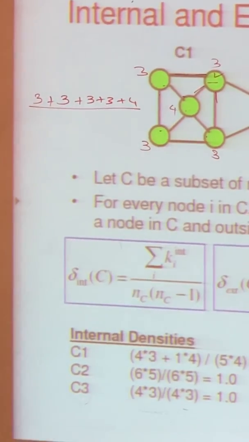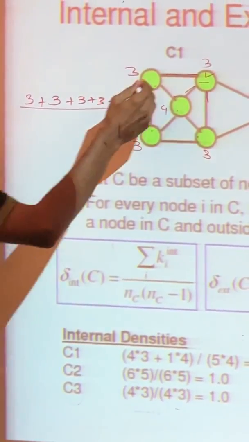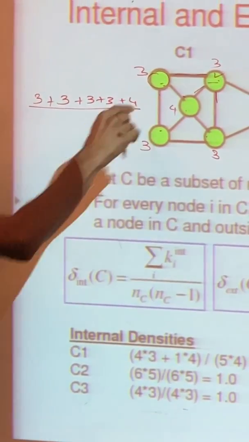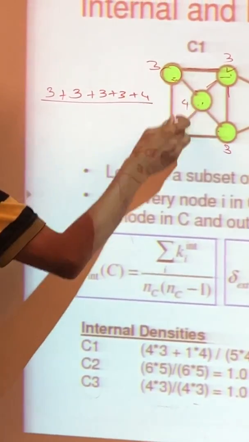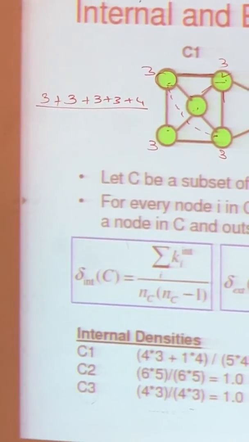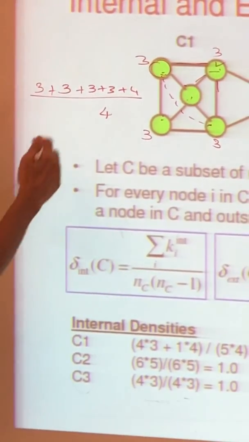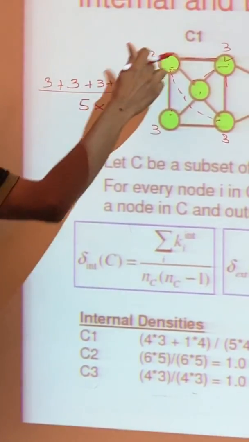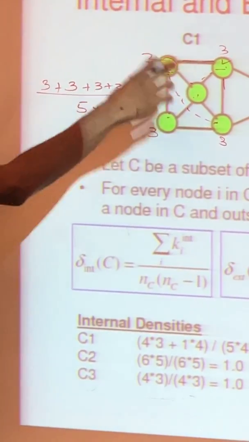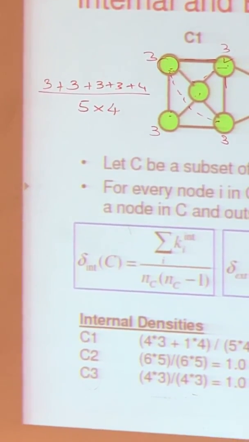If each of those 5 vertices is connected to the other vertices, how many edges would you need to connect each vertex to the other vertices? 4 other edges, right? So you need 1 edge to this, 1 edge to this, 1 edge to this. There is this edge that is not there, right? So you need 4 edges to connect each vertex to the other vertices. How many vertices are there? 5 such vertices. Clear? So you divide the numerator, which is the actual number of edges, by the maximum possible number of edges. Okay?